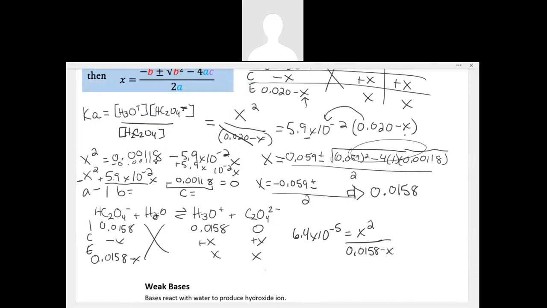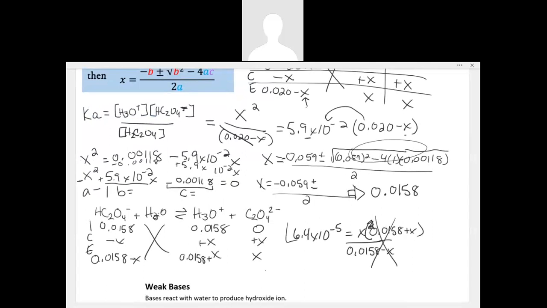So for the numerator, this would be x times, and I didn't add this correctly, 0.0158 plus x will be here. Without this, the magic doesn't happen. So these terms actually cancel out, and we see that our x for this is going to be equal to our second Ka value. So we have one of our answers here.